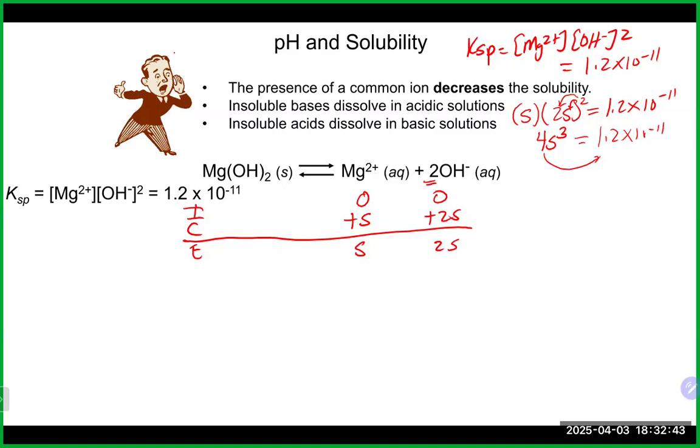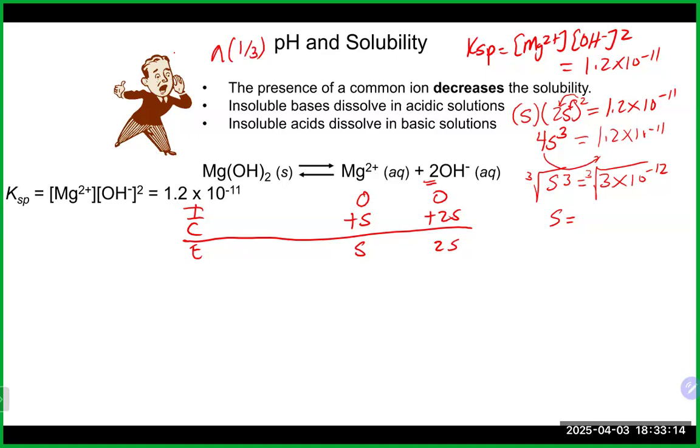That will give us 1.2 times 10 to the minus 11 divided by 4. Gives us s cubed is equal to 3 times 10 to the minus 12. A little cube root action there on each side. And again, if you don't have a cube root button on your calculator, you could use your caret and do 1 divided by 3 in parentheses, and that will basically do the cube root for you.